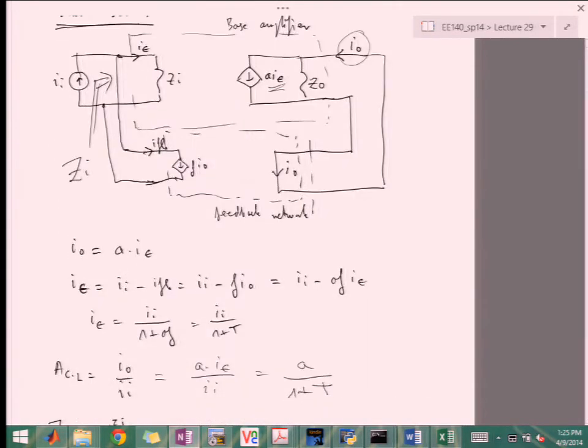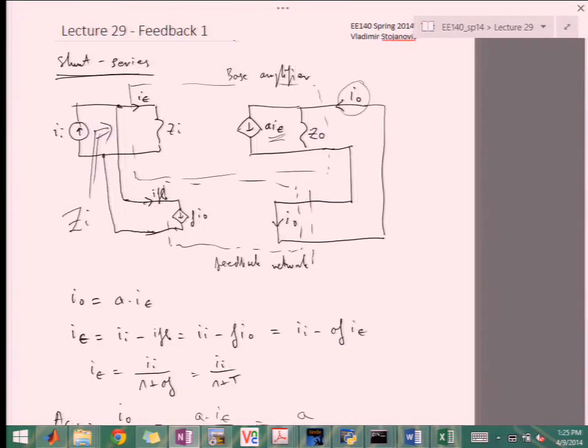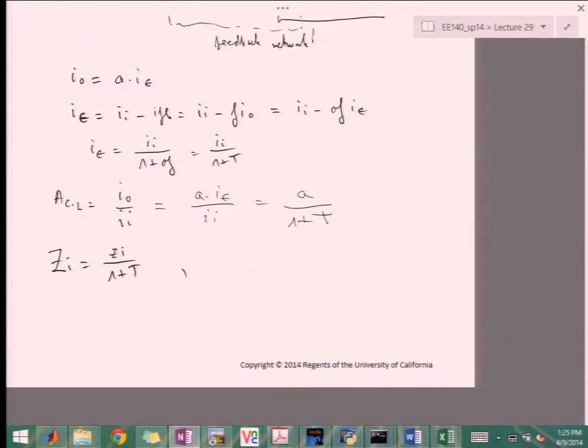And then at the output, we have to apply sort of the V-test. So if you apply V-test at the output to figure out what's the capital Z0, you will open the input. And so what you get is that I test is V test over small Z0 plus A times I error.